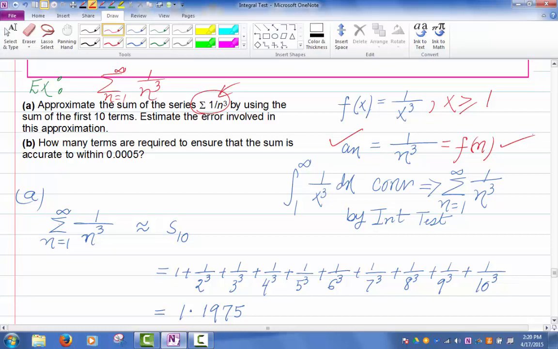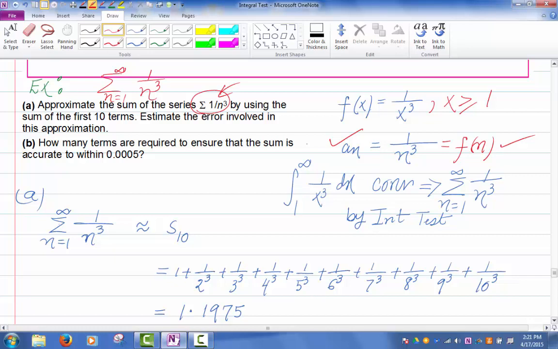Now if I look at the improper integral of f of x, which is 1 over x cubed, from 1 to infinity, then I know that it's convergent. You can do the calculation, you'll see that this integral is convergent. And because this integral is convergent, we know that the series given by the sum of 1 over n cubed is also convergent by the integral test.